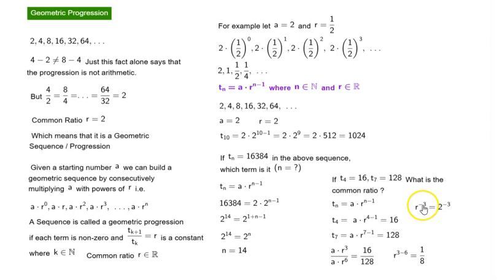So r to the power of minus 3 is equal to 2 to the power of minus 3. 8, we can write it as 2 cube. And since it is in the denominator, when we take it up, it becomes 2 to the power of minus 3. And since here the exponents are equal in this equality, the bases are also equal. So r is equal to 2.